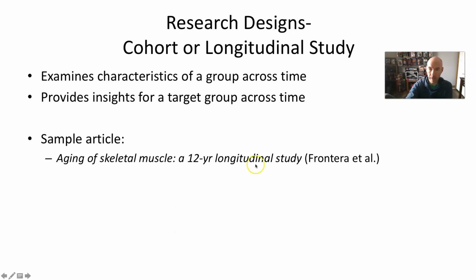So in the example I give here, a population was studied over a 12-year period. As they aged, the skeletal muscle content of their bodies was observed to see if, as people aged, they lost muscle mass, okay? So again, no experiment is being done on these people. We're just looking at how their lifestyle correlates to whatever factor it is that we're trying to study.